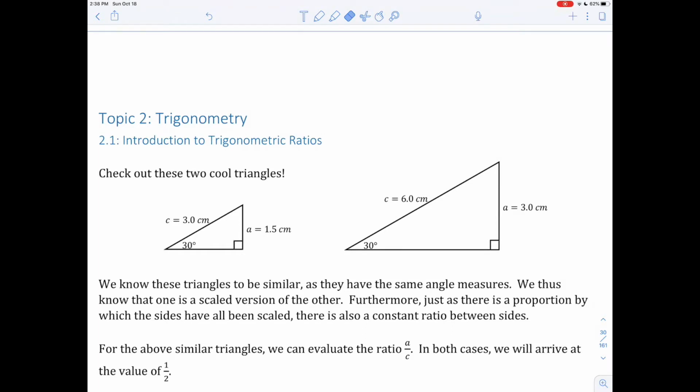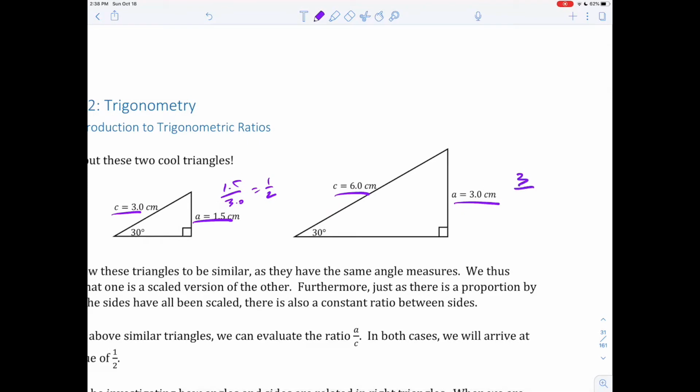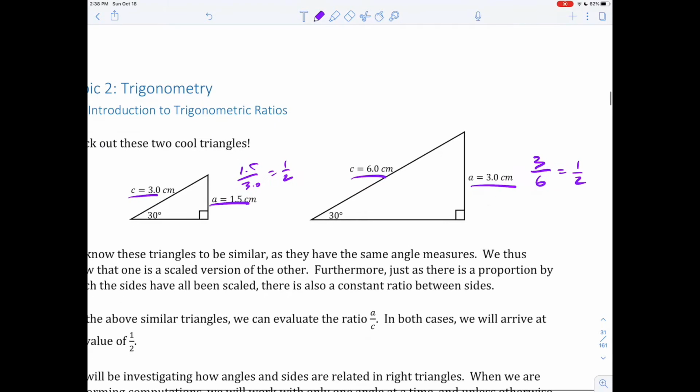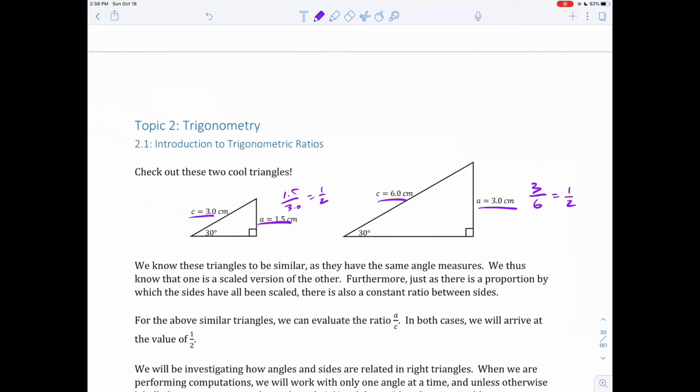If we look at the ratio between side A and side C, in the first case it's 1.5 over 3, which is 1/2. And over here, A over C is 3 over 6, which is also 1 over 2. So in both cases, they maintain that proportionality.